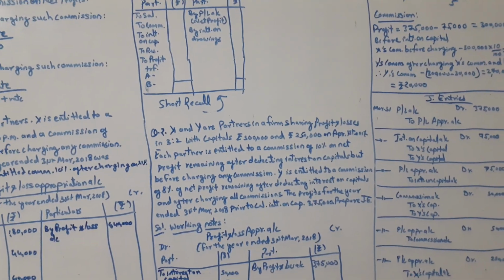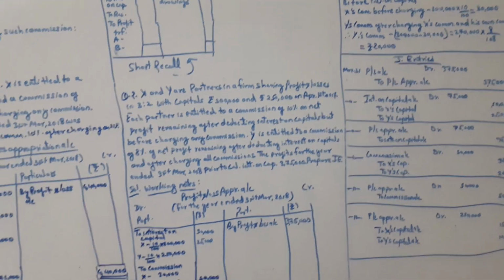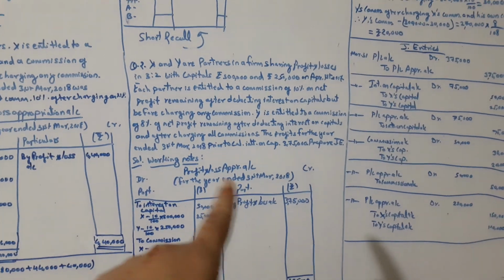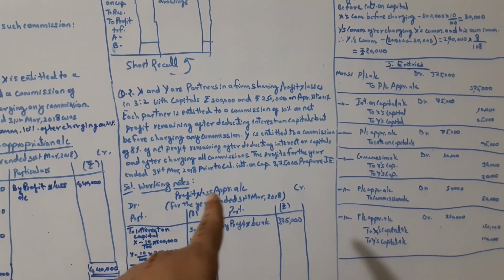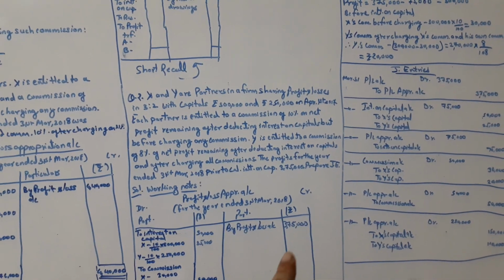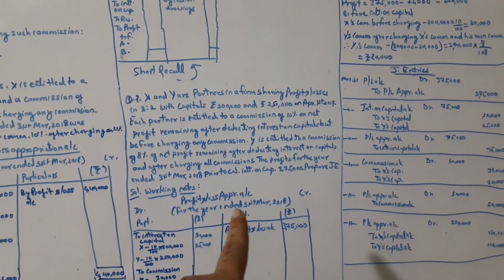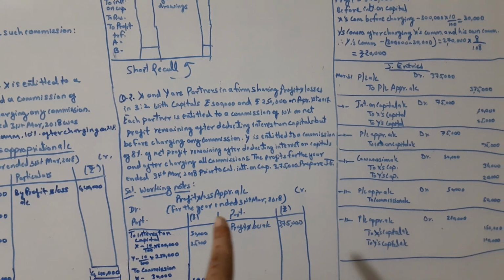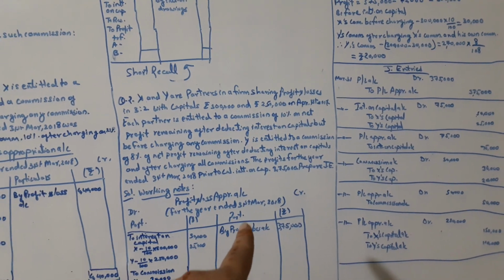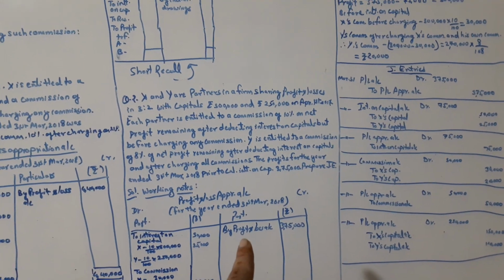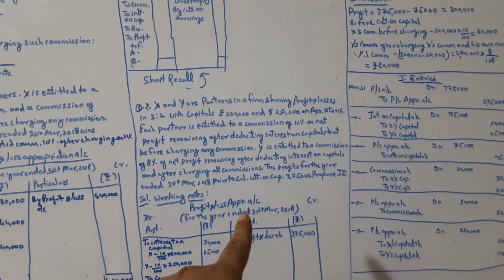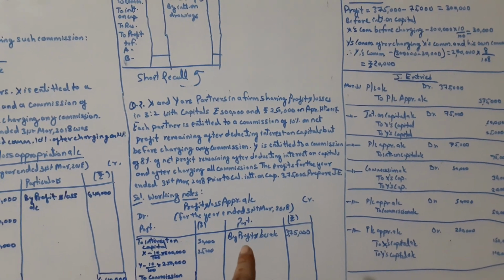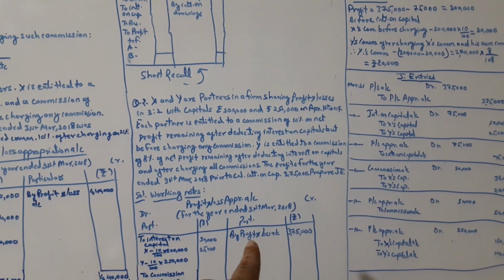Now we move to the journal entry. Journal entry is nothing but whatever you have made here in this account. Now you just have to pass it. See, this is the profit and loss appropriation account, and profit and loss appropriation is credited. Whatever entry is made on the credit side represents the credit side of the profit and loss account, and on the debit side you will just write this name.